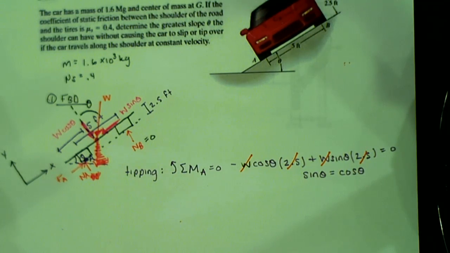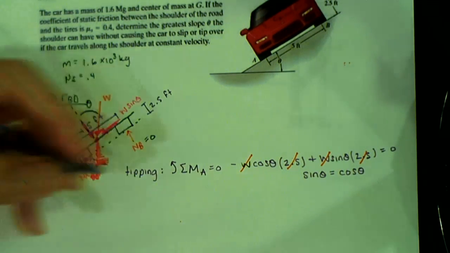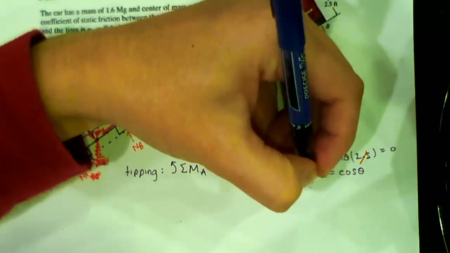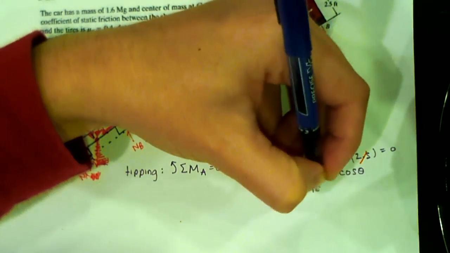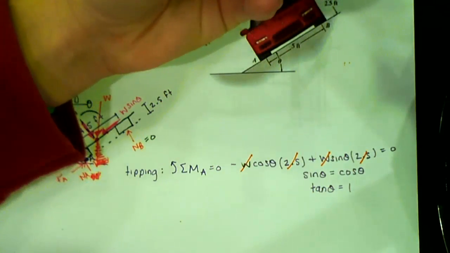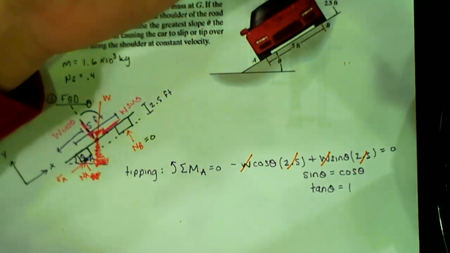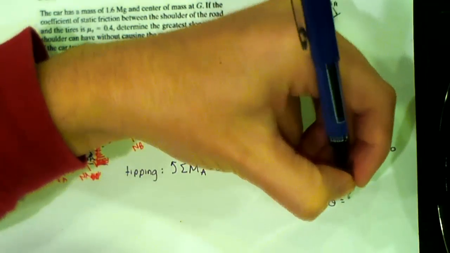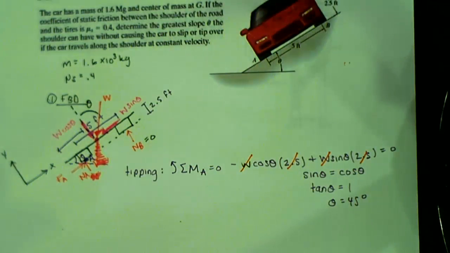Do you guys know where that is? 45 degrees, good. If you weren't sure, you can divide by cosine and say that tan theta is equal to 1. So theta is tan inverse of 1, which is 45 degrees. That is the angle it needs to be at for it to tip.